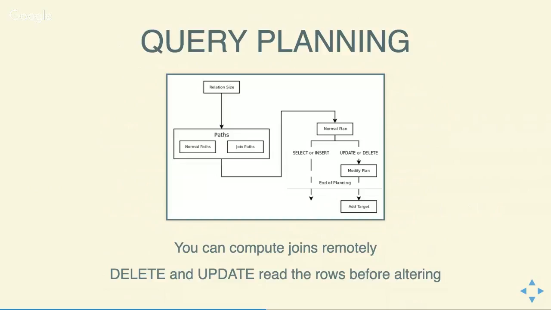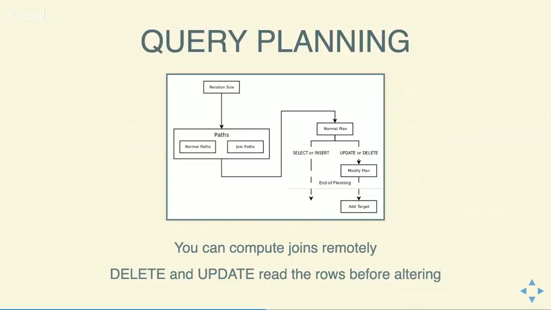But if your data set is going to be very large, then a nested loop would take a long time to execute. And so it's very important that you get your relation size correct. While it's important, it's not the end of the world if you don't.